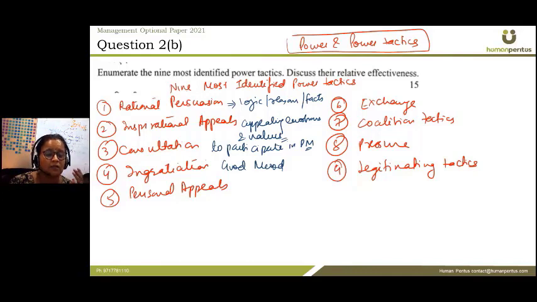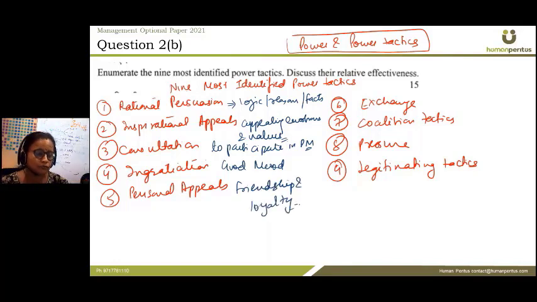Personal appeal is whenever the power holder vows to friendship and loyalty. So the keywords are friendship and loyalty. So basically, whenever he refers to friendship and loyalty while making a request to the other person, that is a personal appeal. Like for example, between friends, we adopt such kind of power tactics.